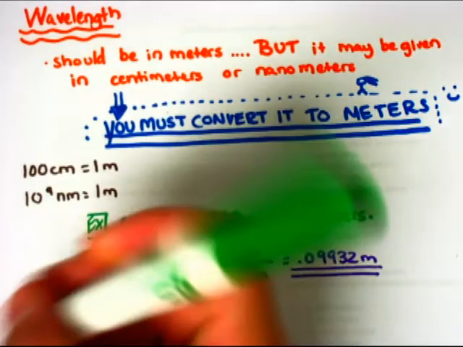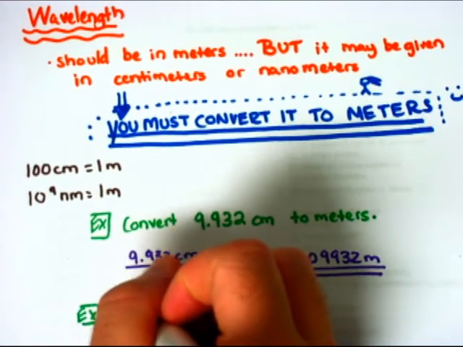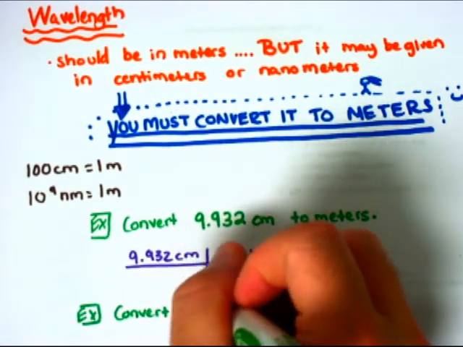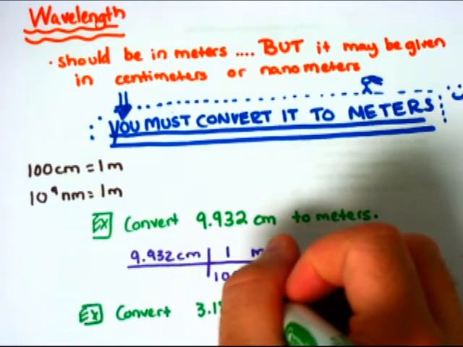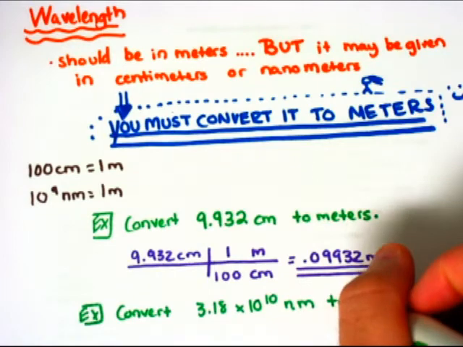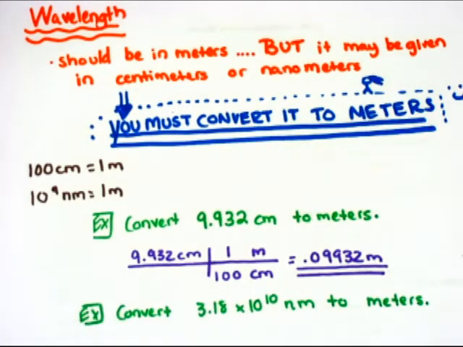Let's look at a different example. Convert 3.18 times 10 to the 10th nanometers to meters. Let you write that one down real quick.